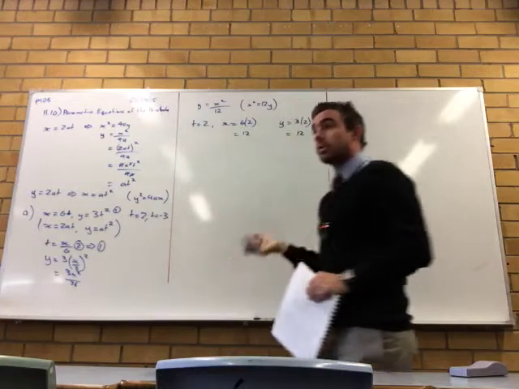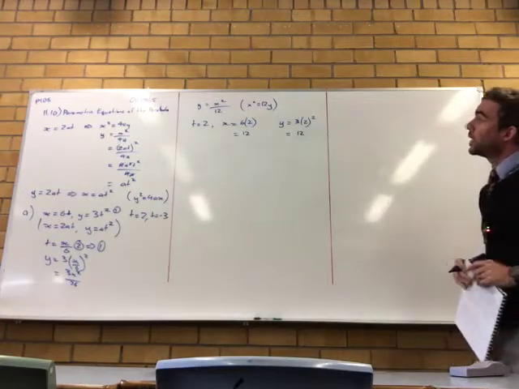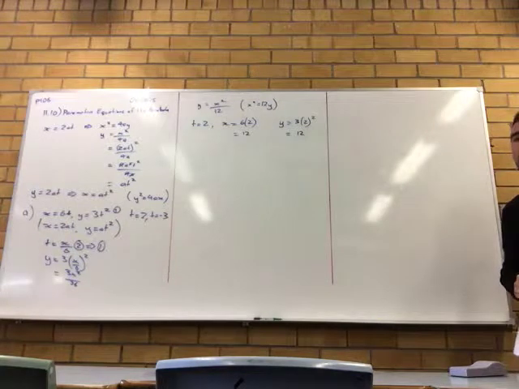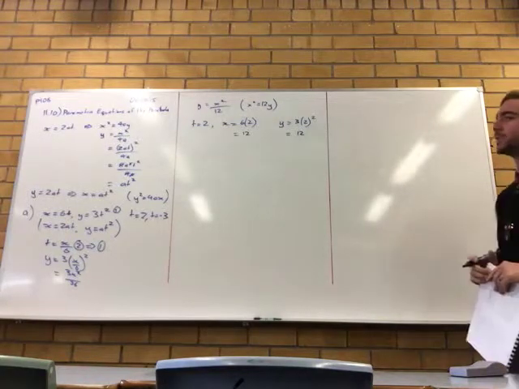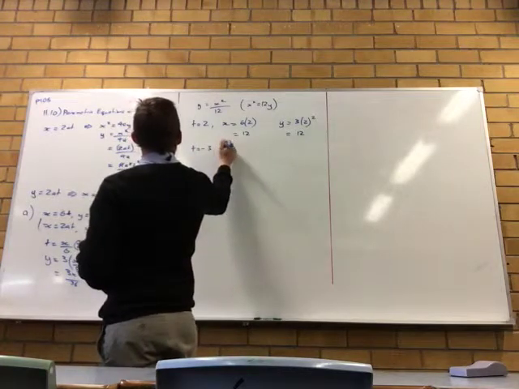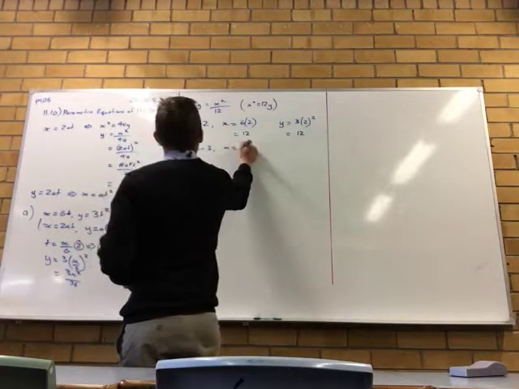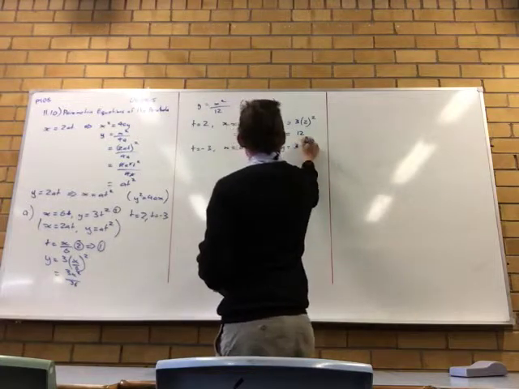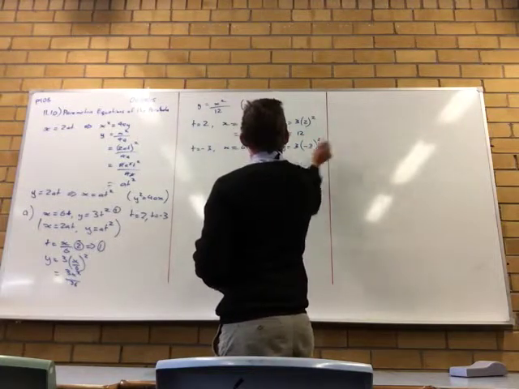Alright, so there is a point on the parabola x squared equals 12y. That's what it allows us to do. So that t is -3, x is going to be 6 lots of -3, and y is going to be equal to 3 lots of -3 all squared.